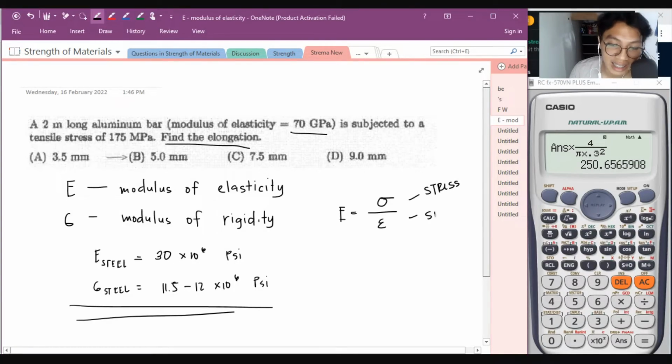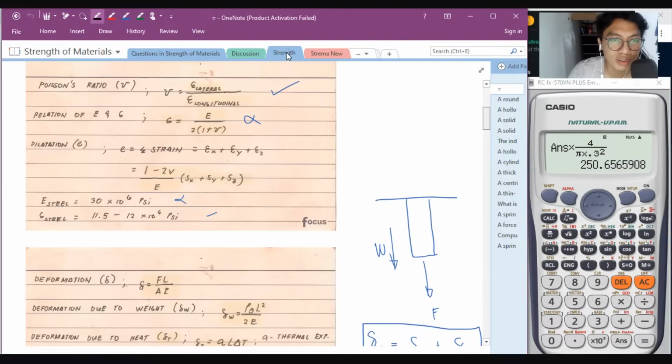This is strain. Anong hinahanap natin? Elongation. Binigay sa'yo dyan stress, tapos binigay sa'yo elasticity. Going back to the discussion, ito. Strain kasi is E.